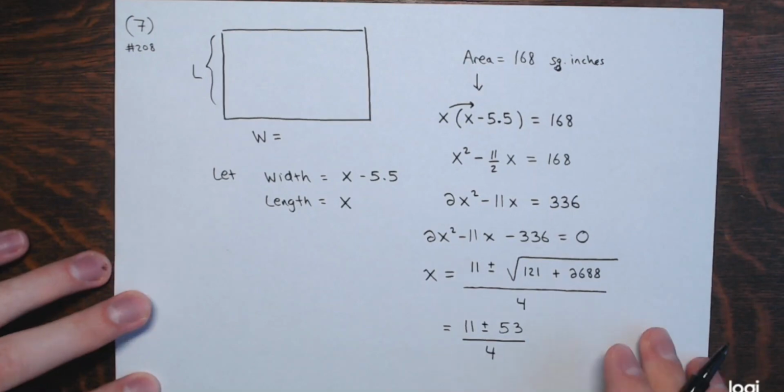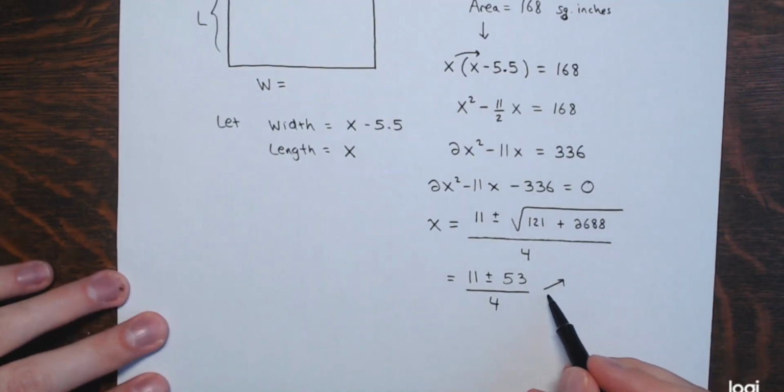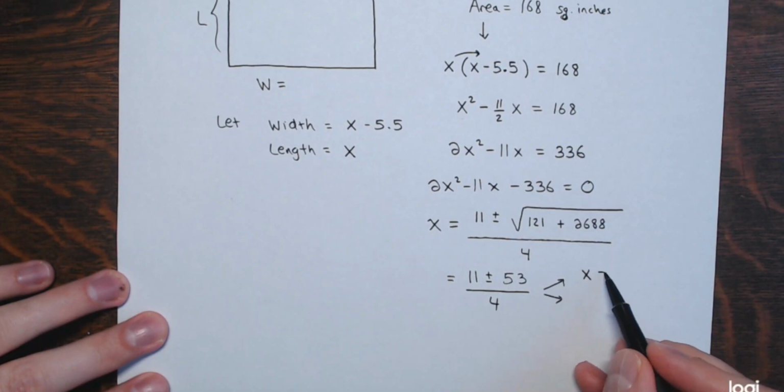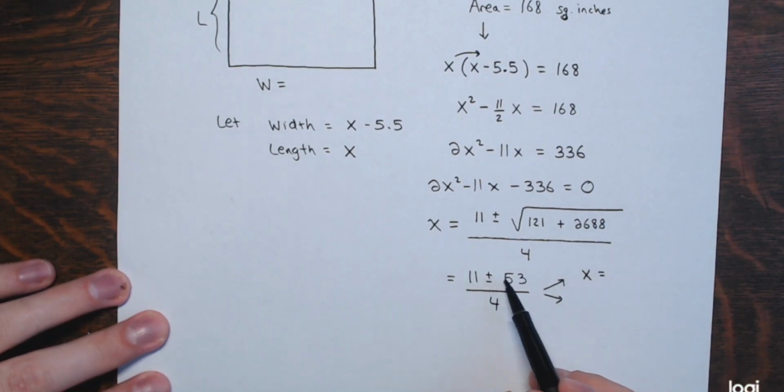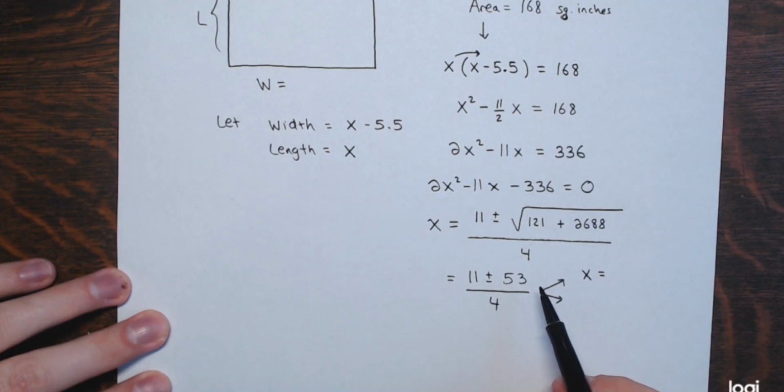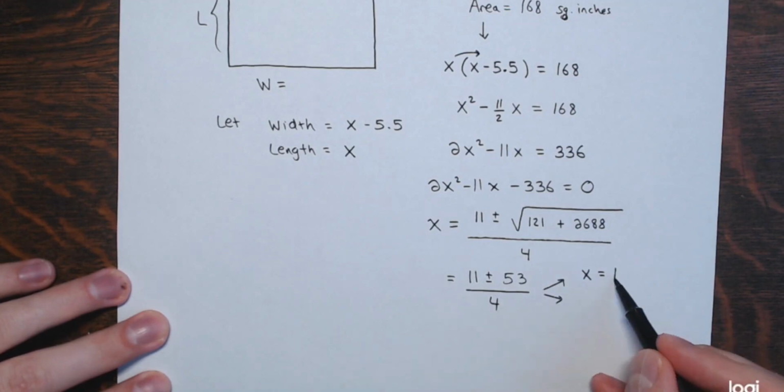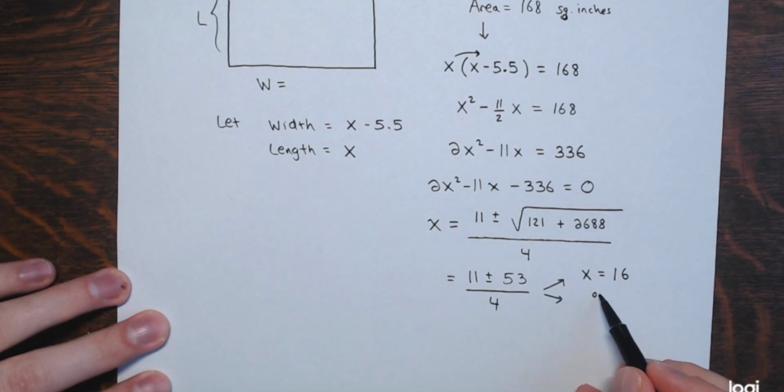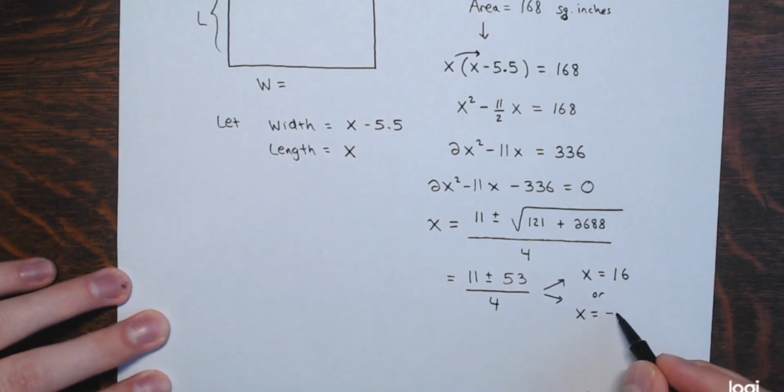So we get two possible solutions here. Right? One is x equals 11 plus 53, which is 64, divided by 4 is 16, or x equals 11 minus 53 will be negative 42 divided by 4, which would be negative 21 halves, or negative 10.5.